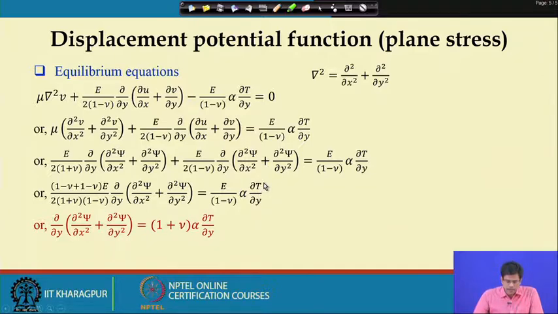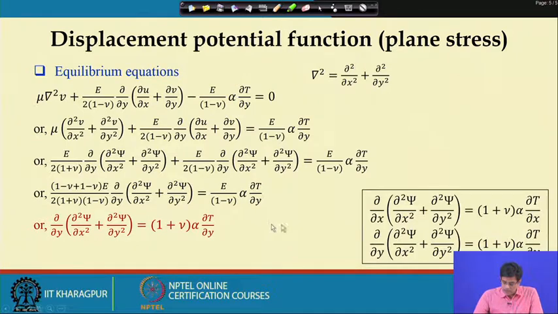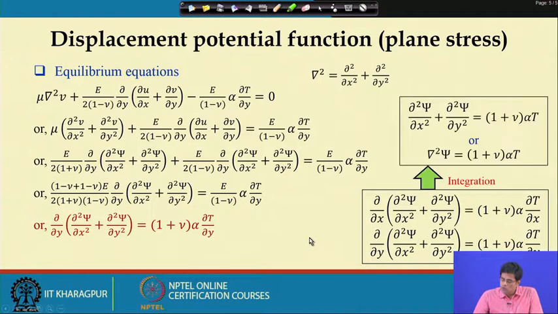Now, once we get the two potential equations, one is the partial of x of this quantity and the other is the partial of y of this quantity, and this will be x for the previous case. These are the two equations in final form. Once we integrate these two equations, we again get a Poisson's equation of this form.